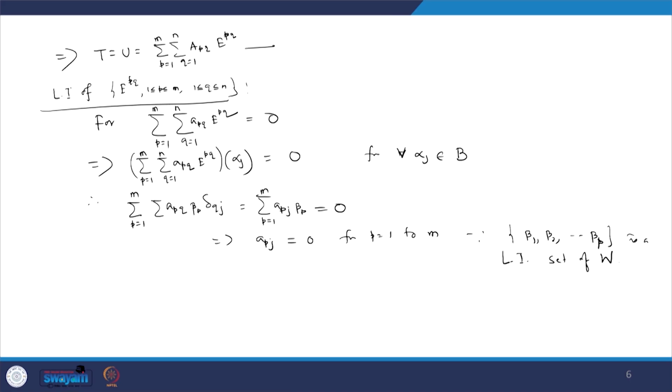This we have seen for any arbitrary j. So, this implies that if I take a linear combination of the E_pq and that is equal to 0, it means all the coefficients are equal to 0. So, E_pq, for 1 less than or equal to p less than or equal to m and 1 less than or equal to q less than or equal to n, is linearly independent.